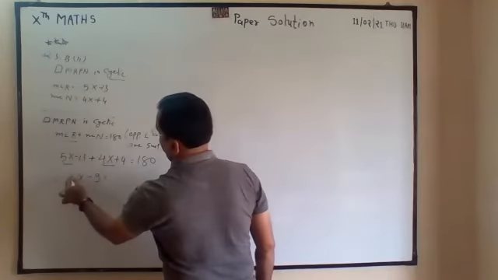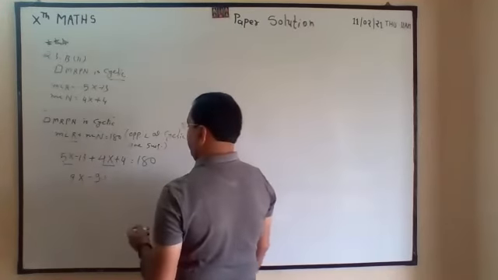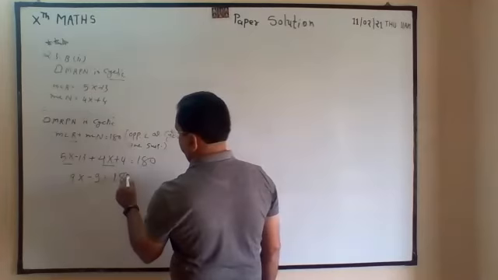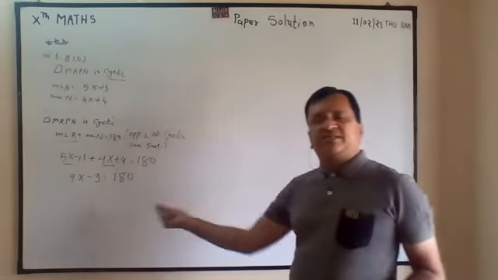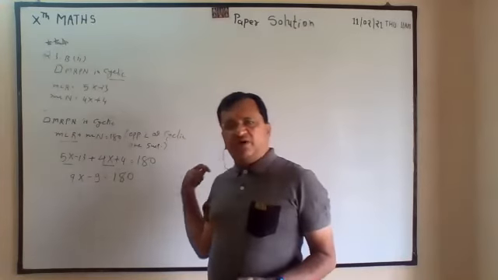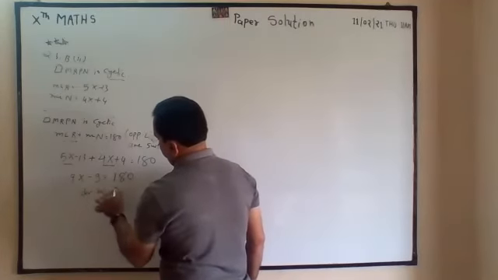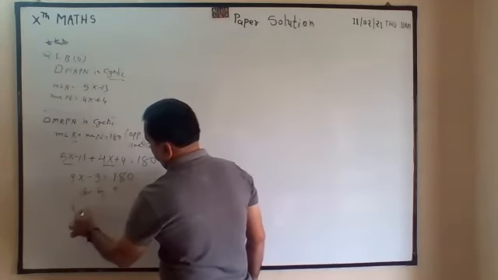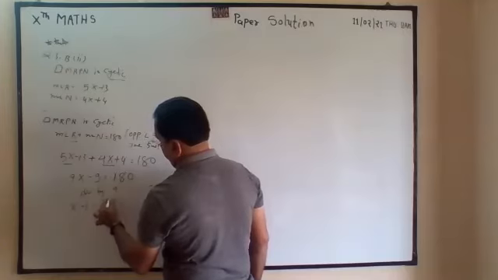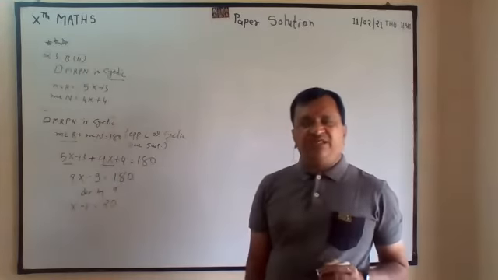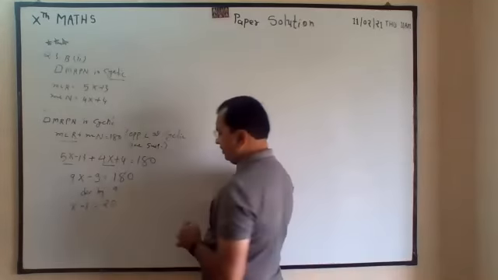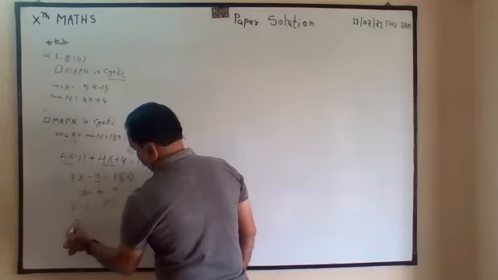See, sometimes that's a mistake. Here two methods: you can take 9 across also, or divide all by 9. So x minus 1 is equal to 20. 9 20s are 180. This comes this side.